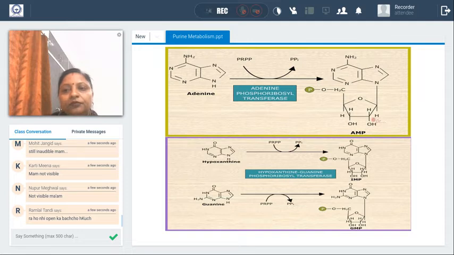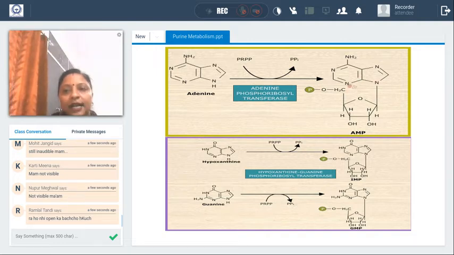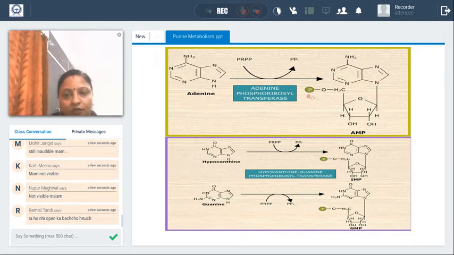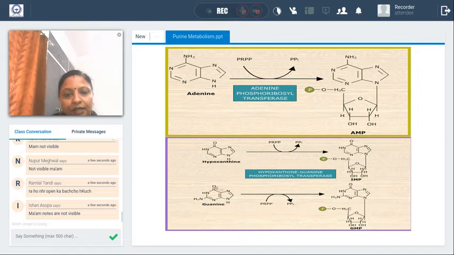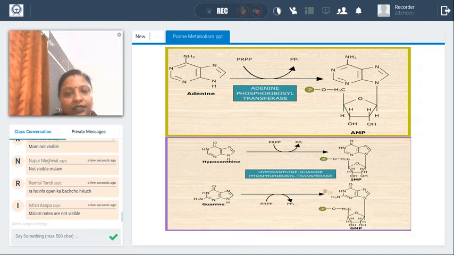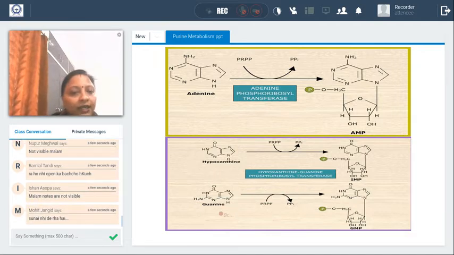You can see here the ribose sugar, the phosphate, and the whole adenine. This is called adenosine monophosphate. Next, we can see IMP and GMP formed by the enzyme HGPRT, hypoxanthine guanine phosphoribosyl transferase, from hypoxanthine and guanine.